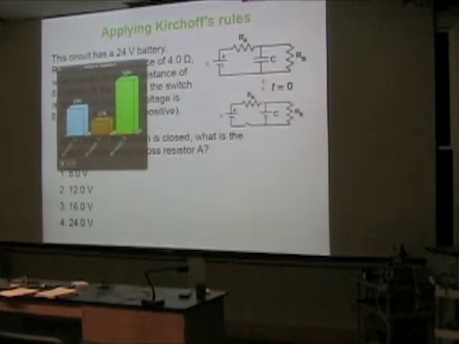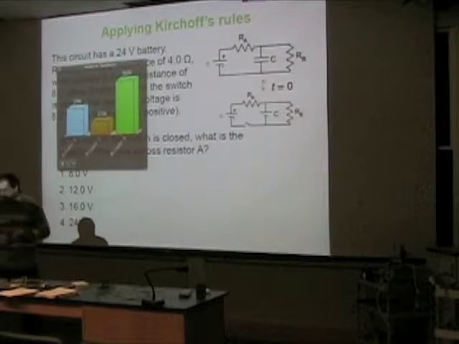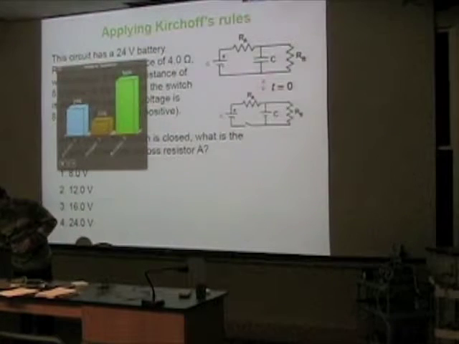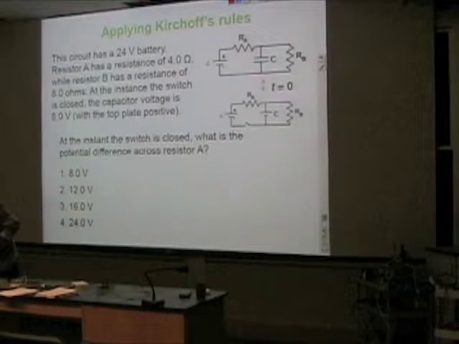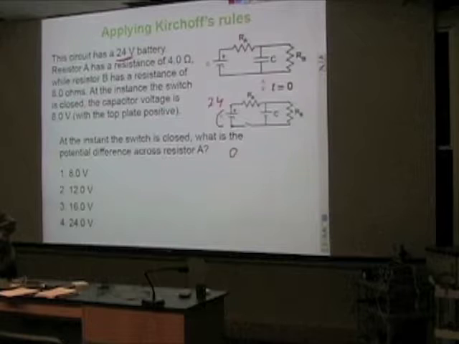All right. If you treat the capacitor as a battery, that gives you the answer immediately. This potential is 0, this potential is 24 because of this number. Well, we are told that this capacitor has the voltage 8.